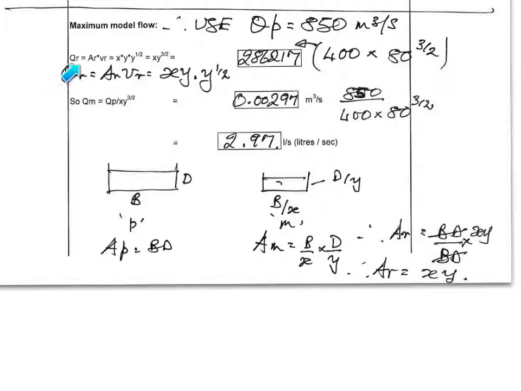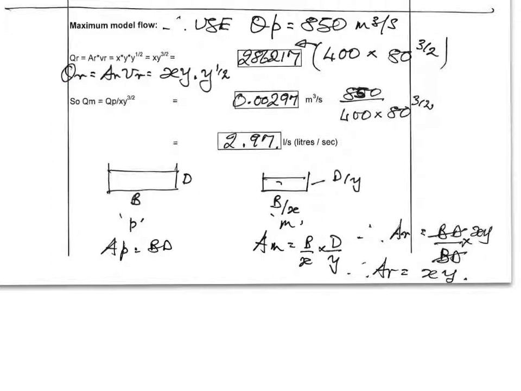And here's another important result that we should be able to deduce. Remember that Q equals A times V in any channel, so the ratio of the flows, QR, would be the ratio of the areas times the ratio of the velocities. Now the ratio of the velocities we know is y to the half from a Froude model, and the ratio of the areas is x times y. We can work that out.